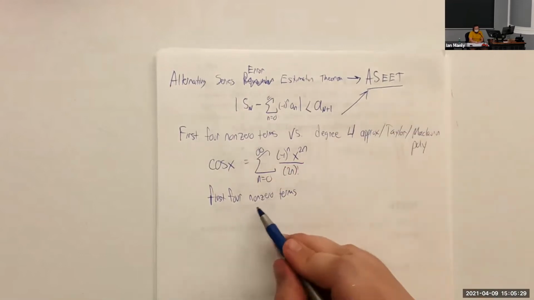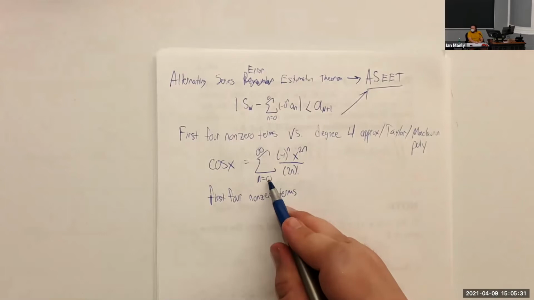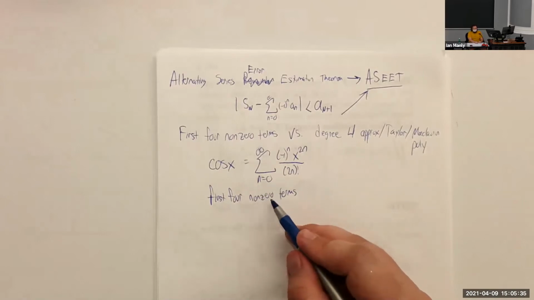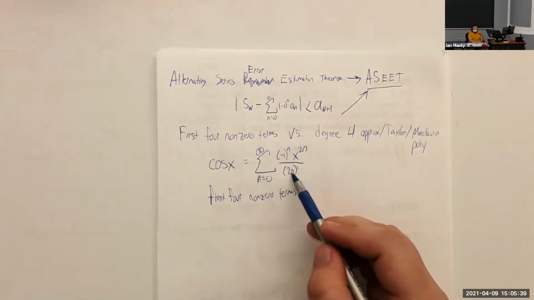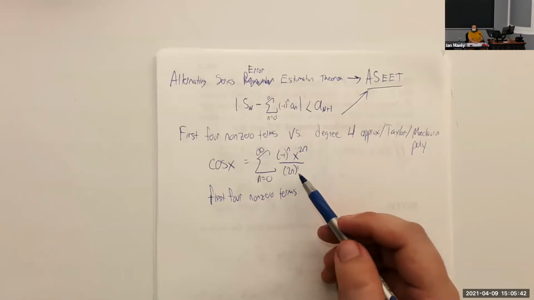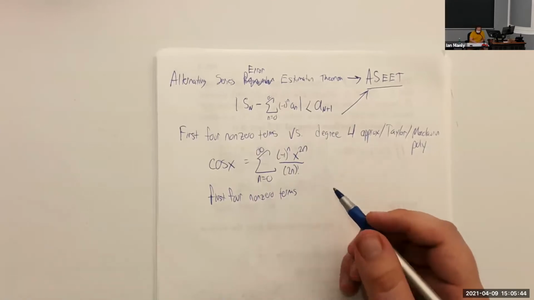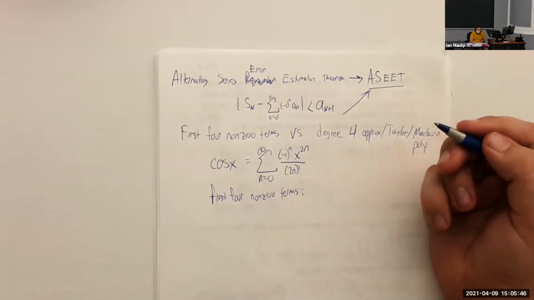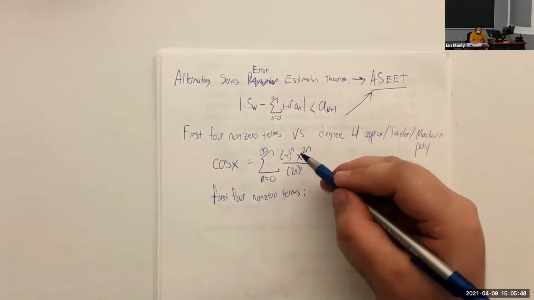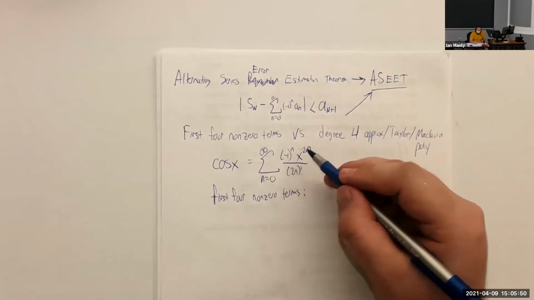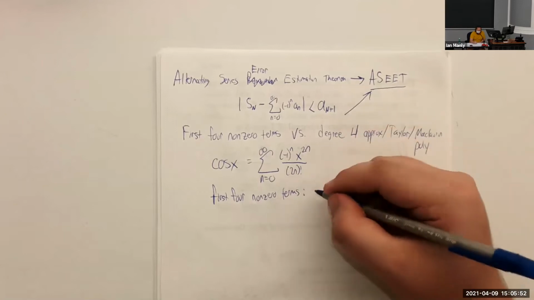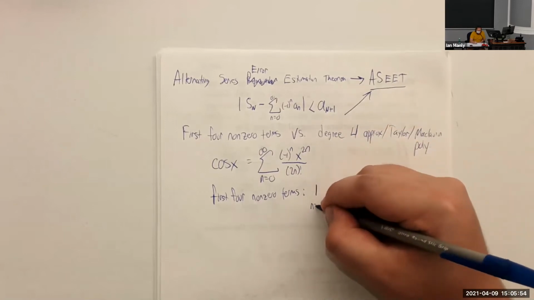First of all, non-zero does not apply to the index right here. So if it says non-zero term, it's not talking about this. It's talking about if this is going to be 0 or a power of x has 0 as a coefficient. So for example, the first 4 non-zero terms of this, if I plug in n equals 0, I just have 1, 1 over 0 factorial, which is 1. So that was from n equals 0.